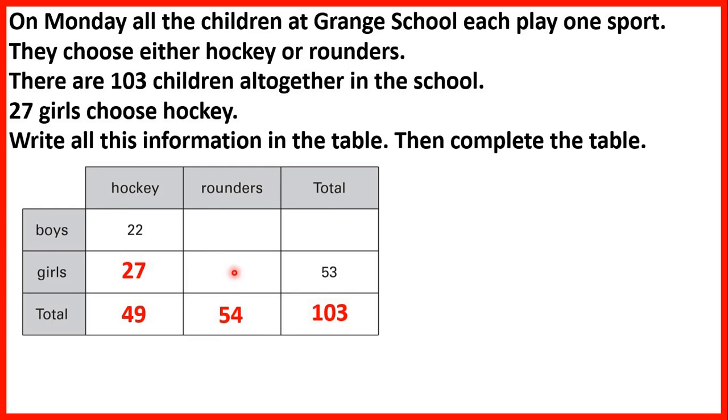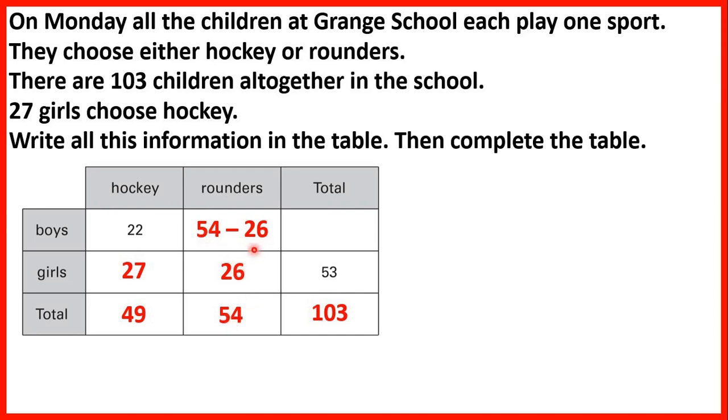So now we can find this box here, because we know that 27 girls chose hockey, and there are 53 girls altogether. So again, we can find the difference and work out 53 minus 27. So that's 26. And now, because we know that 26 girls chose rounders and 54 children chose rounders altogether, we can work out the number of boys by subtracting the number of girls from the total.